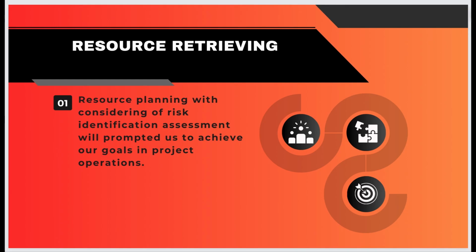In this section of my video, I'm going to discuss how we are going to retrieve specific resources in our project. Resource planning, considering risk identification and assessment, will help us achieve our goals in project operation.